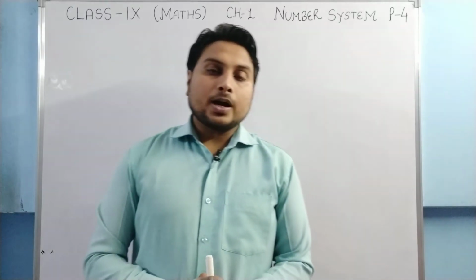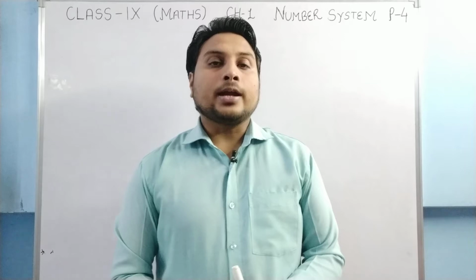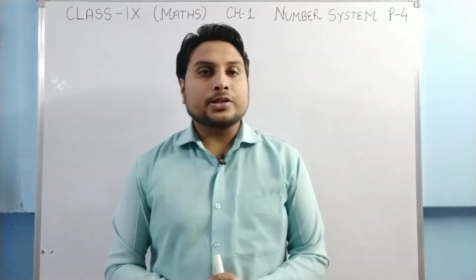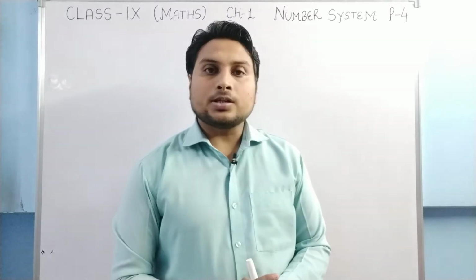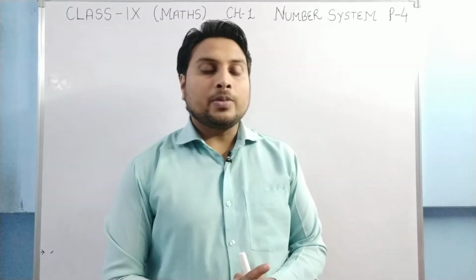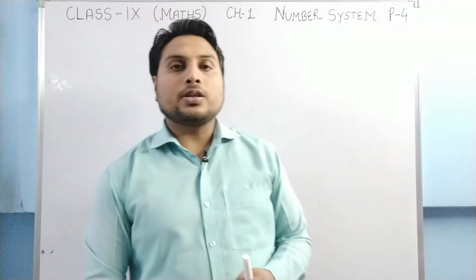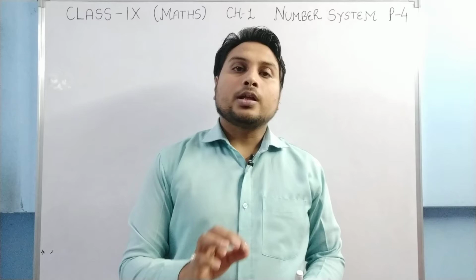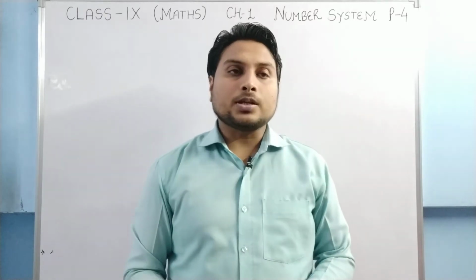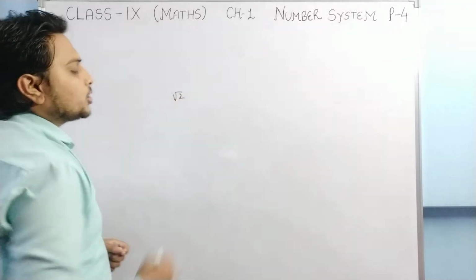Students, in the last part, that is part 3, we covered the topic of proof of an irrational number. We have studied two methods for proving that a number is irrational. The first method was the division method, where we found the value of square root terms, like if we want to show under root 2 as an irrational number.